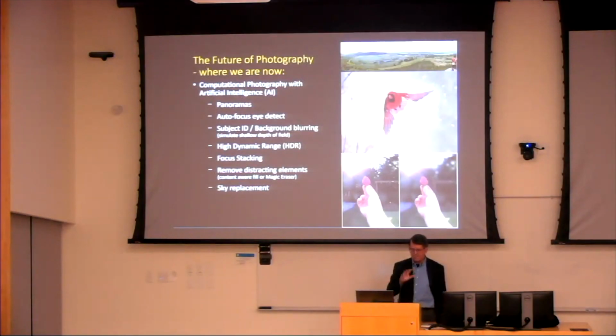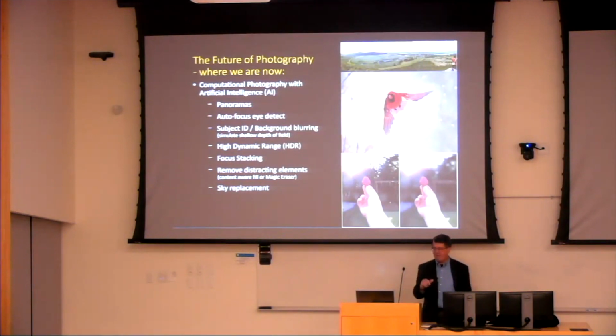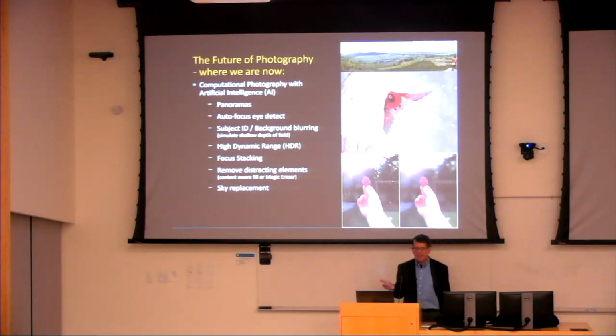So just very quickly, I promise to end shortly, but just thinking in terms of the future of photography. Right now we're in the age of computational photography with artificial intelligence. The top example, panoramas.